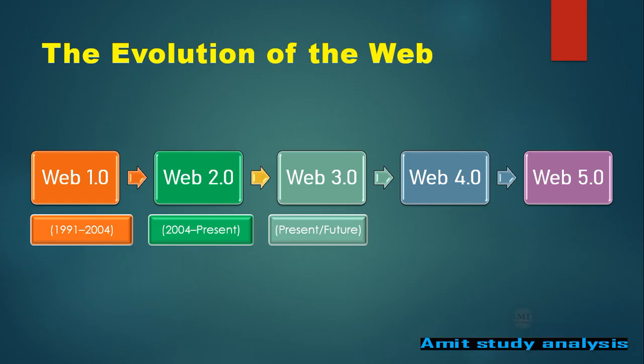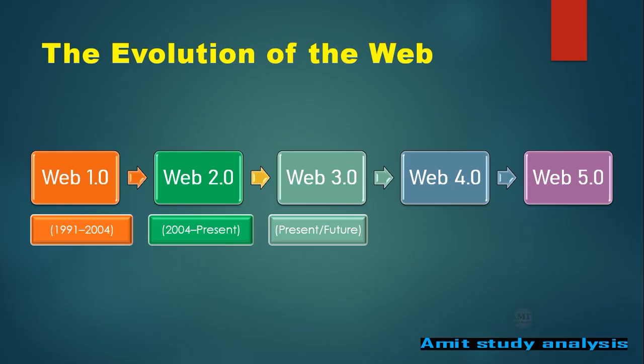1991 to 2004. But 2004 doesn't mean that it has stopped at 2004. It means it is replaced by a new version. Something new has been added, and as something new has been added to the previous one, that becomes the new version of the previous one.